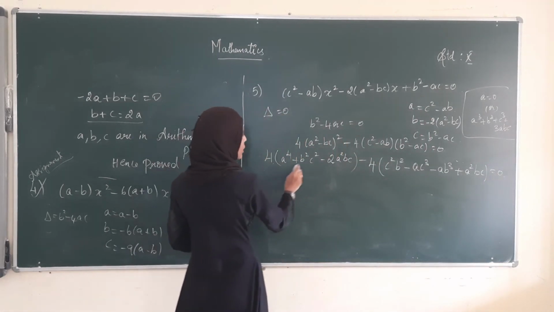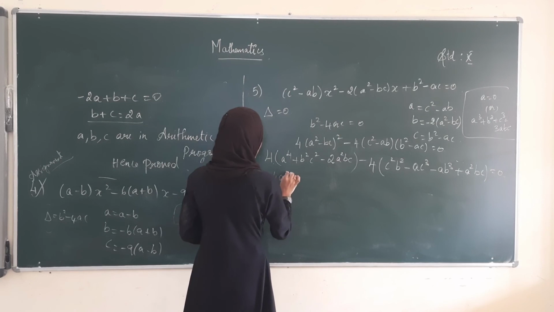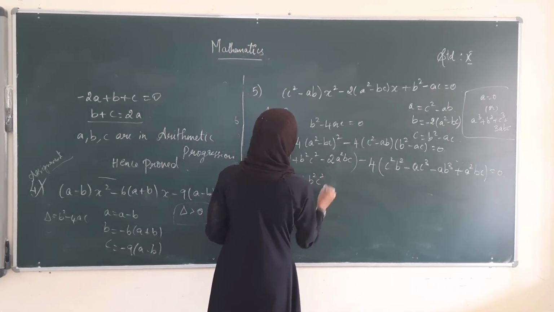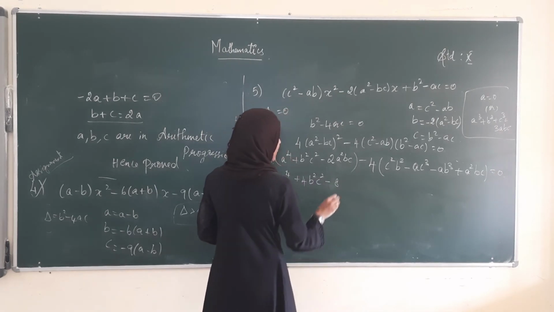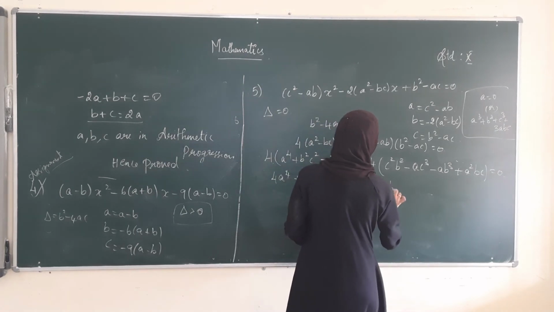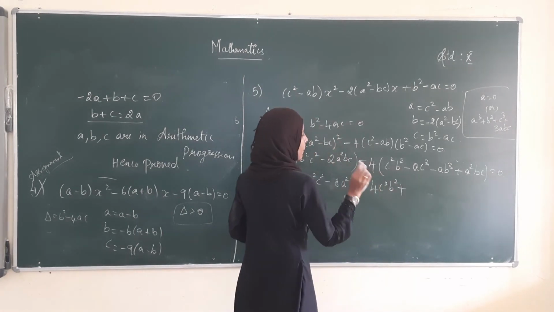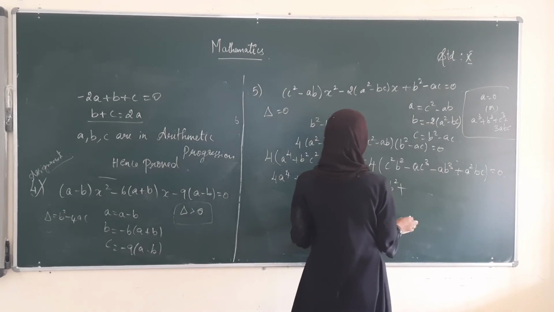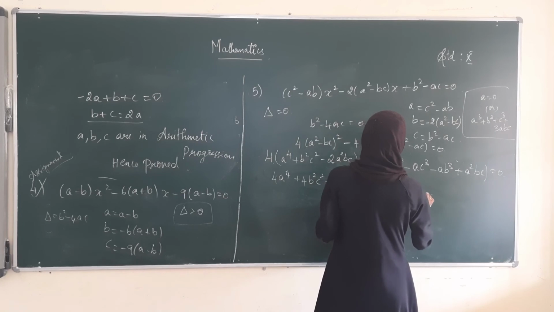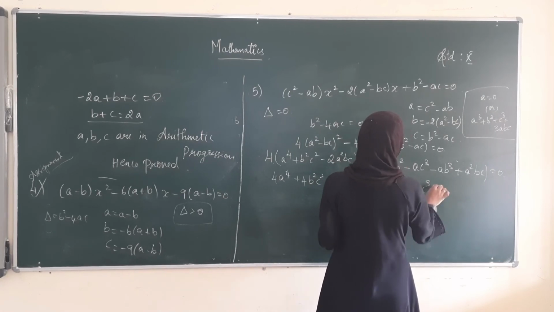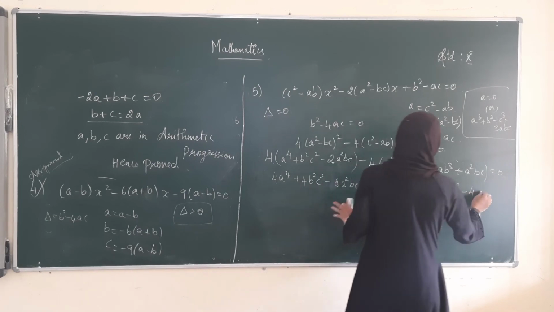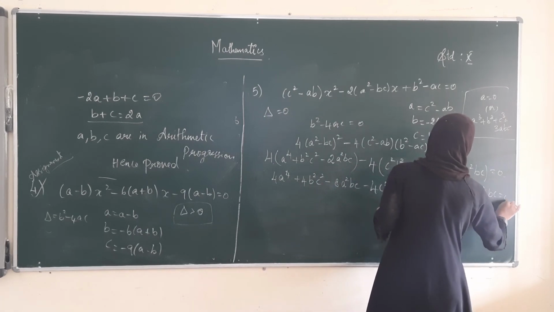Now multiply the 4 inside: 4a power 4 plus 4b squared c squared minus 8a squared bc, minus 4c squared b squared, plus 4ac cube, plus 4ab cube, minus 4a squared bc equal to 0.